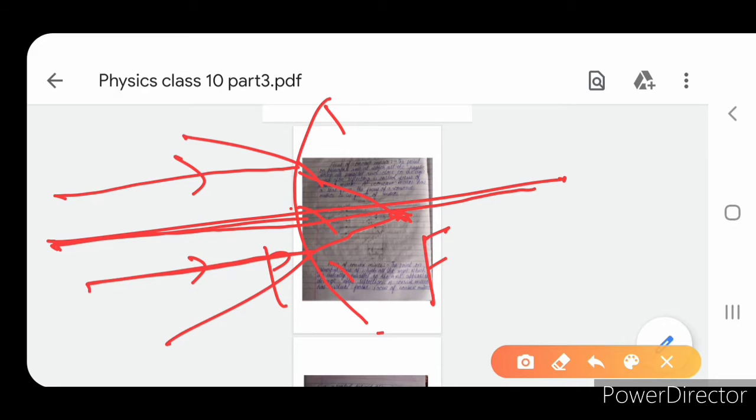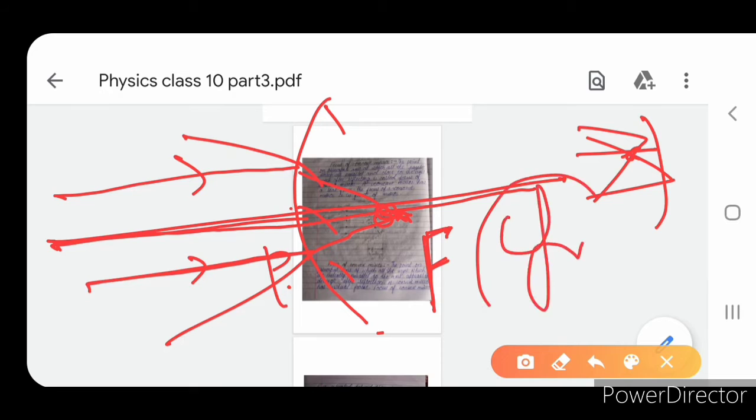This is the difference between the focus of a convex mirror and of a concave mirror. In a concave mirror they actually meet, but in a convex mirror they only appear to meet. It is also denoted by capital F, and the distance between P and F is called the focal length of the convex mirror, denoted by a small f.